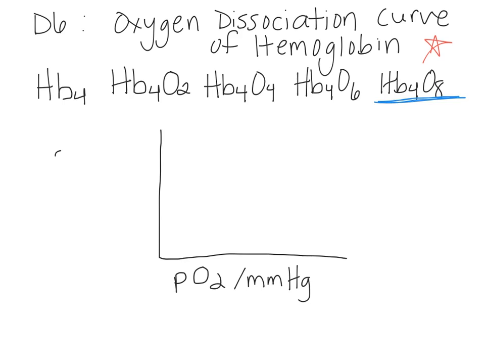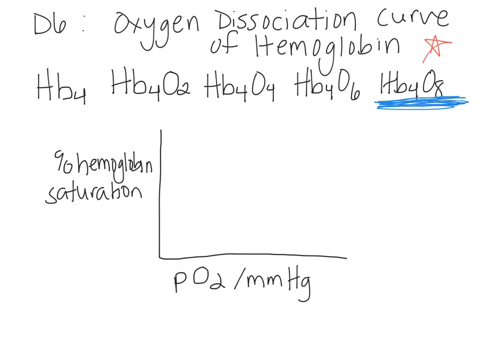And on the y-axis, we have percent hemoglobin saturation. Okay, and saturation refers to how many oxygen molecules that hemoglobin is carrying. Again, this form over here would be completely saturated.